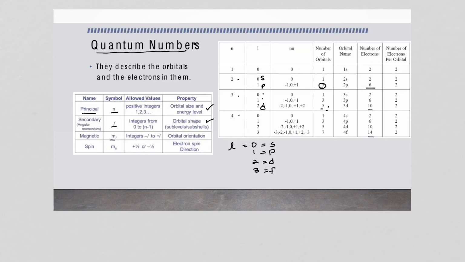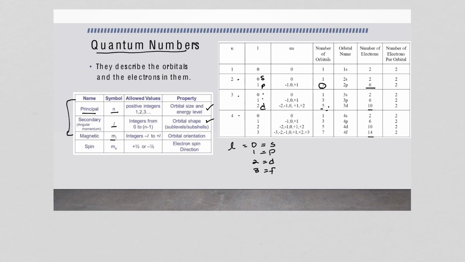Now, those are the 3 quantum numbers that come out of Schrodinger's equation. The 4th possible quantum number is a property of the electron itself. So the first thing to think about is that every single orbital has a unique set of quantum numbers, right?